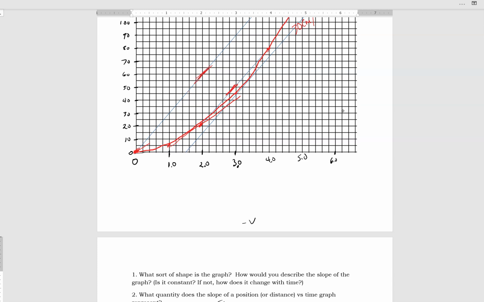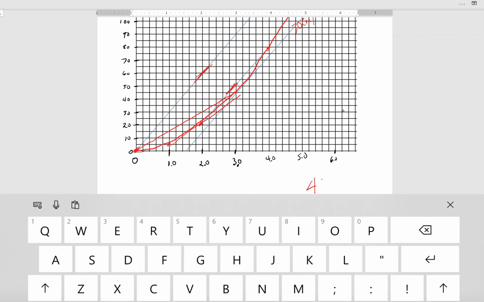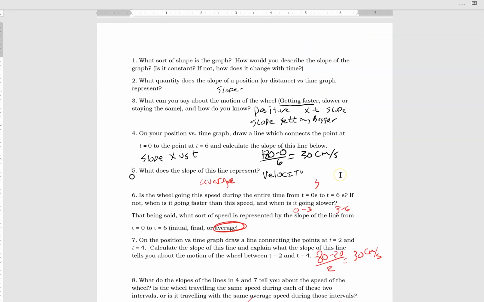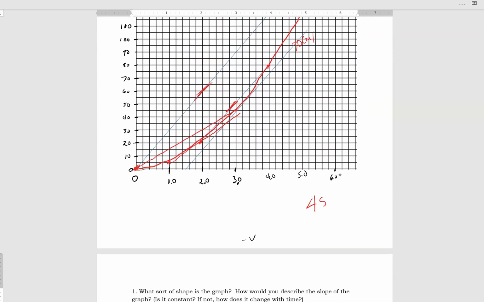From 0 to 3, that average speed should be 45 minus 0 over 3, which gives me the speed of 15 centimeters per second.